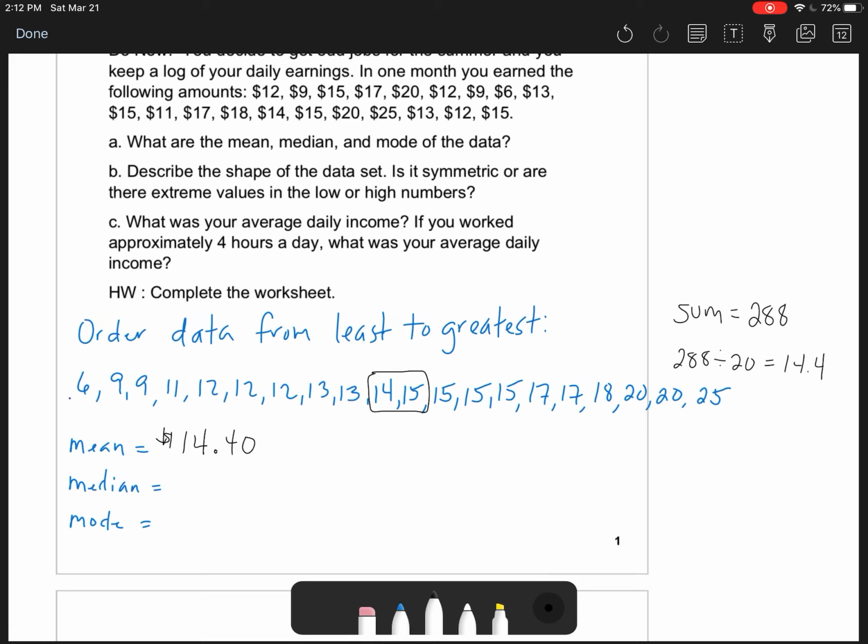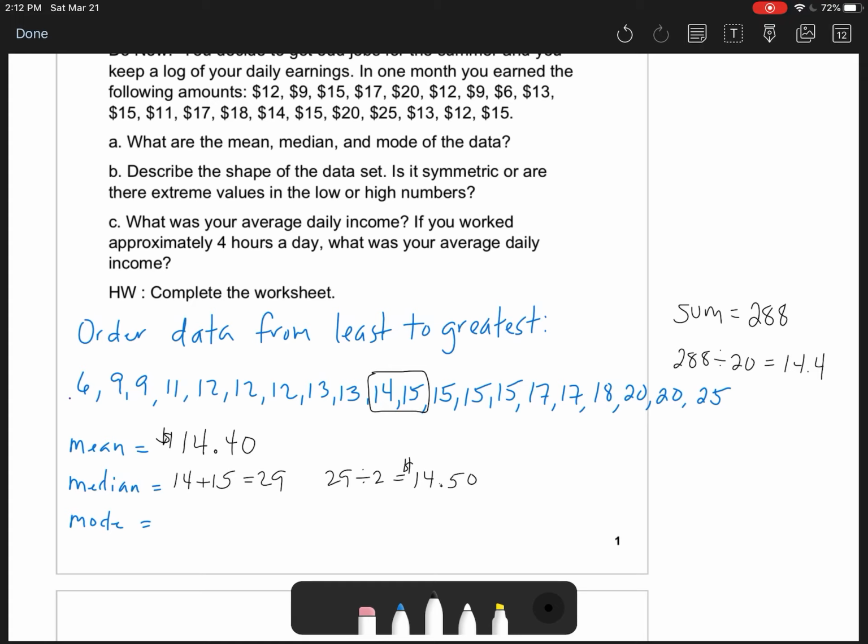So the average of 14 and 15 would be $14.50. You can take 14 plus 15, you get 29, and 29 divided by 2 is equal to 14.50. Also notice when it's two numbers that are right next to each other, it's literally just the middle of those, which is 14 and a half, or in this case, $14.50, since we're talking about money.